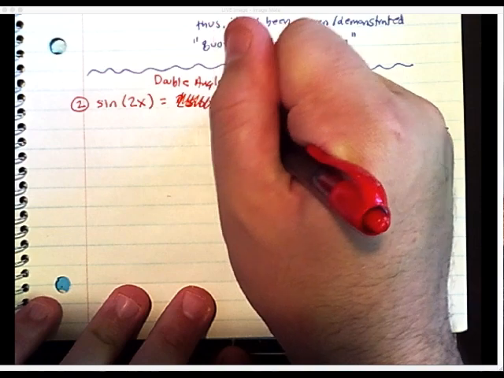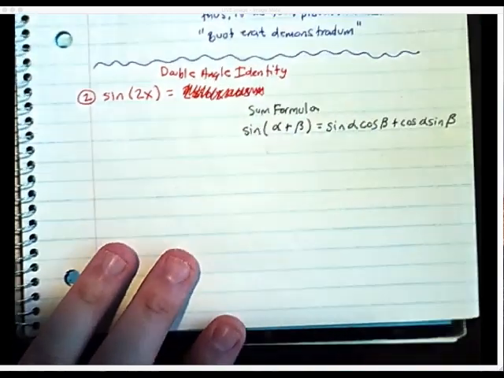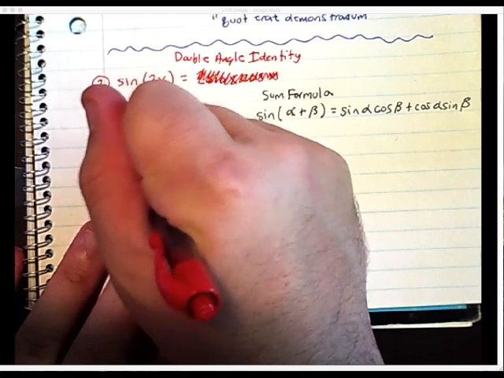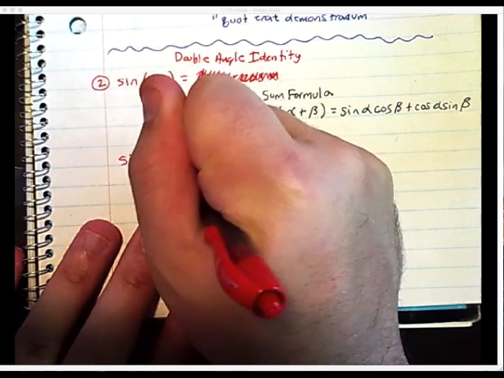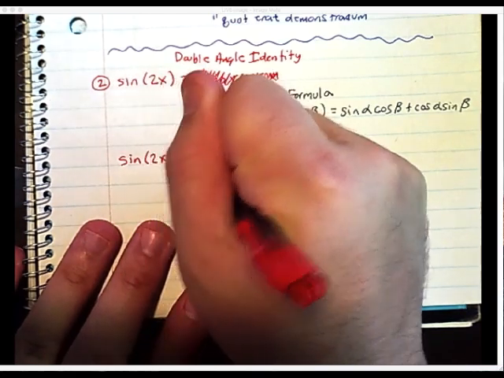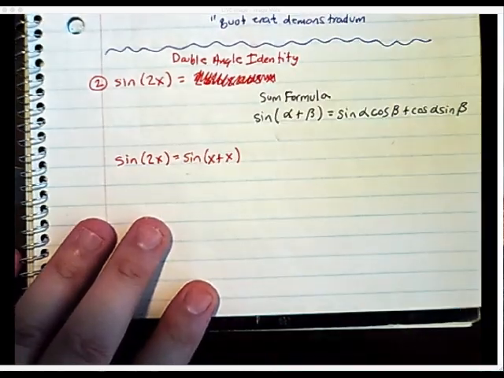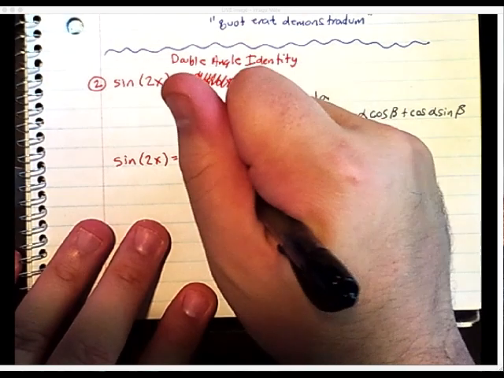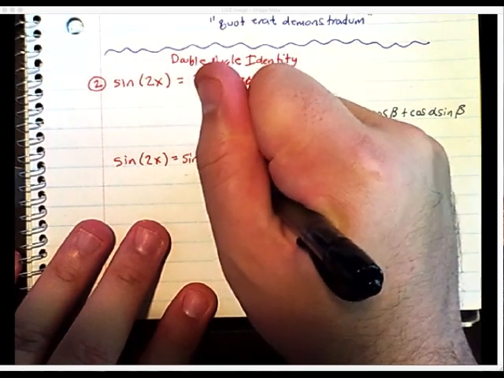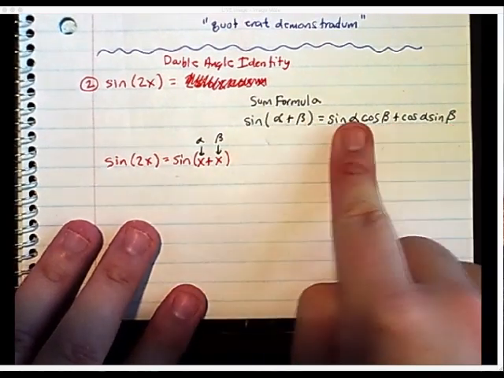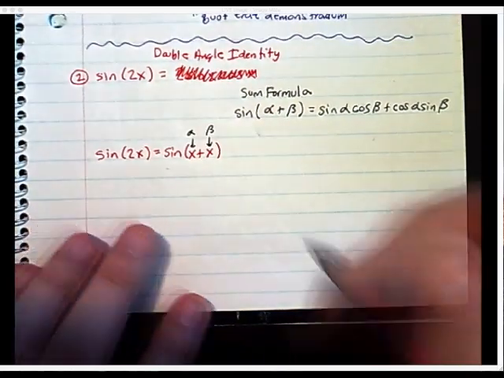So again, let's imagine we don't know what that thing is. How can I use this? Well, the sine of 2x would be the sine of x plus x. We can treat this first x like the alpha, and the second x like the beta, and apply the sum formula.